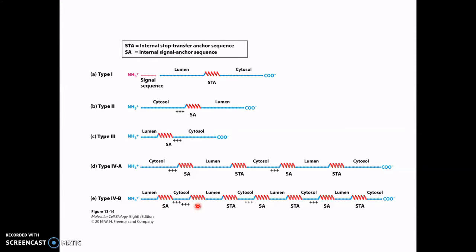Here we have 1, 2, 3, 4, 5, 6, 7. So it's an odd number of transmembrane domains. And here we can see, because we have the charges after the signal anchor sequence, the N-terminus is going to be in the lumen, but since we have an odd number of transmembrane domains, the C-terminus is going to be on the cytoplasm.